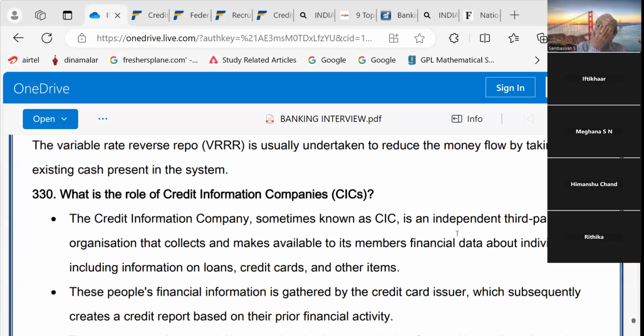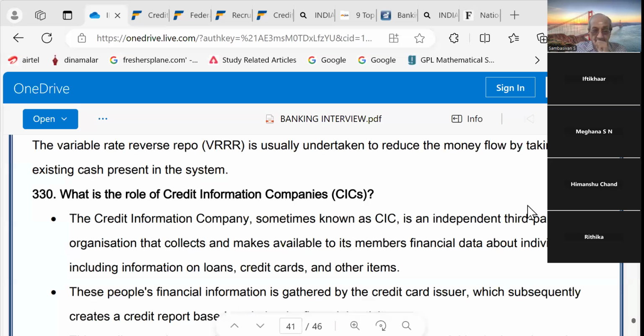The Credit Information Company, sometimes known as CIC, is an independent third-party organization that collects and makes available to its members financial data about individuals, including information on loans, credit cards, and other items.